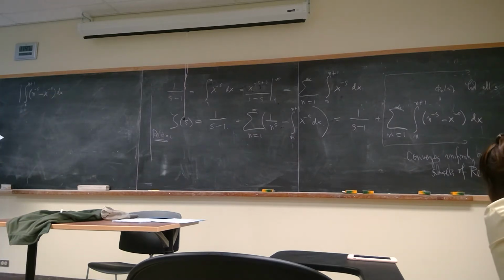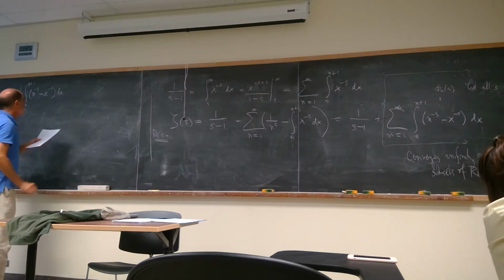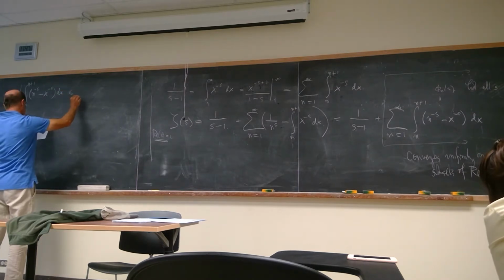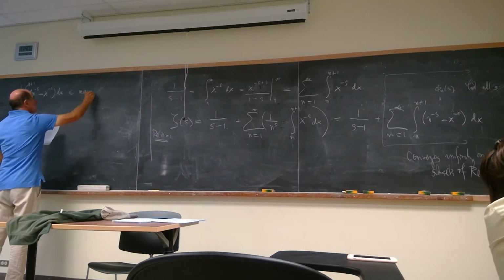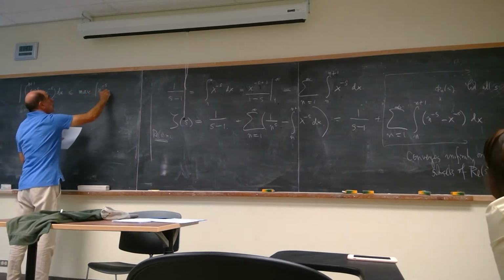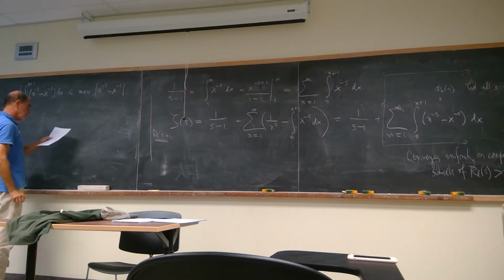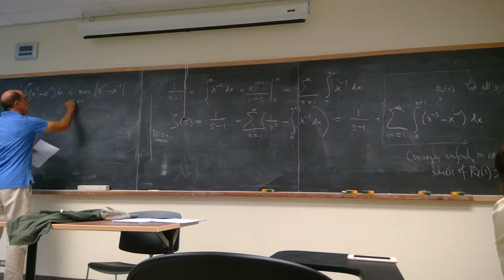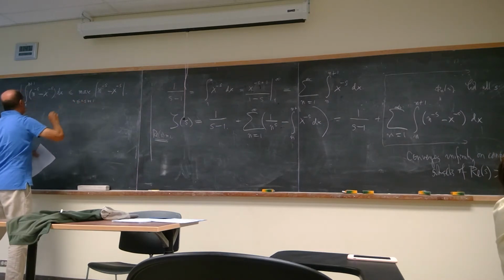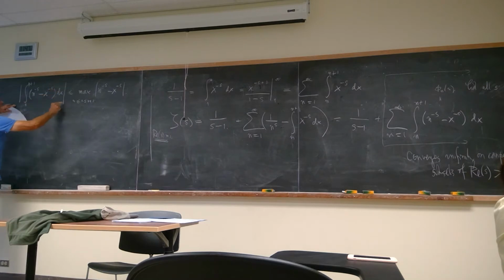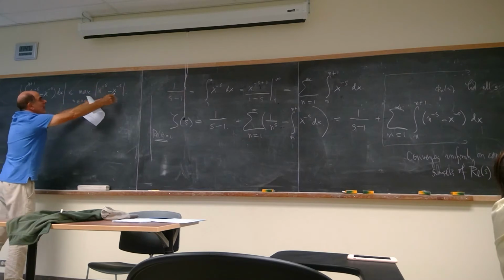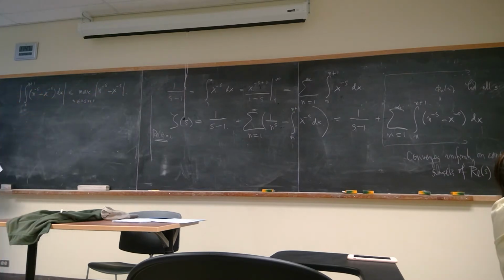The interval has length 1, so this is less than or equal to the maximum of the absolute value of n to the minus s minus x to the minus s on that interval, for x between n and n plus 1. Because the absolute value of the integral is less than the integral of the absolute value, and that is less than the maximum value taken on that interval times the length of the interval, which is 1.